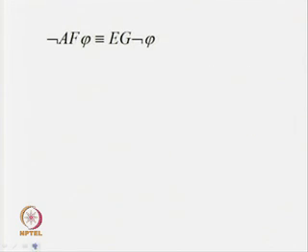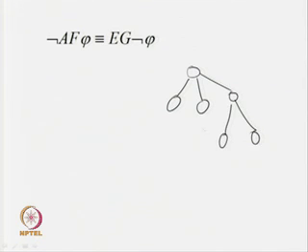Basically, we are going to define the semantics over a model, so let us think of some model something like this. Okay, so this is a simple model. Now, we have to see that in all paths in future phi holds. That means we should get some state in future where phi is true, and we are saying that this is not true.